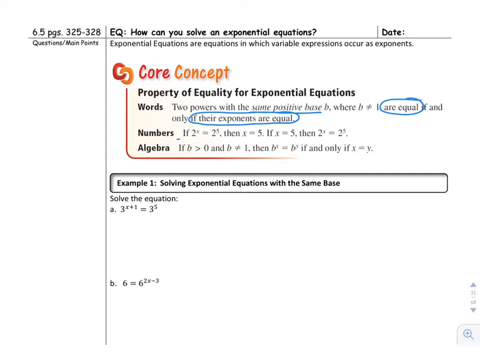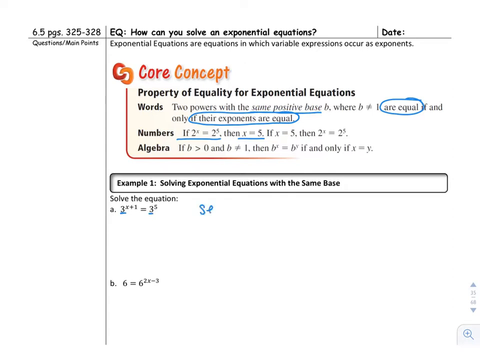So if you look at this first example, 2 to the x is equal to 2 to the 5th. Since the bases are equal, we can set the exponents equal. So let's look at example 1a. We see that the bases are both 3.